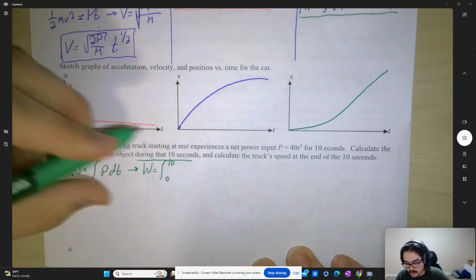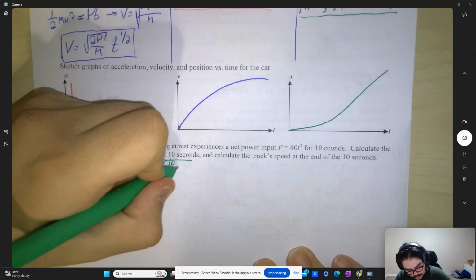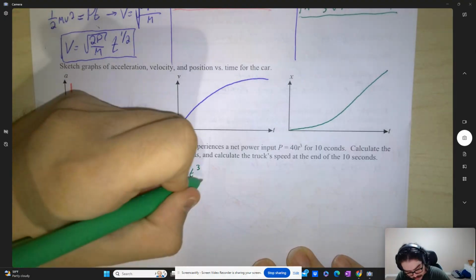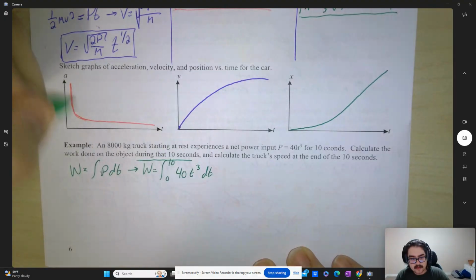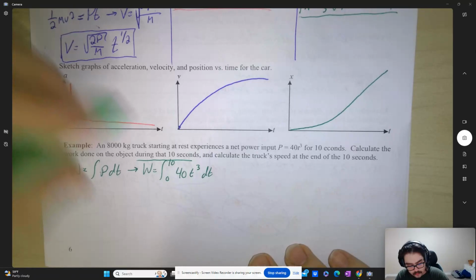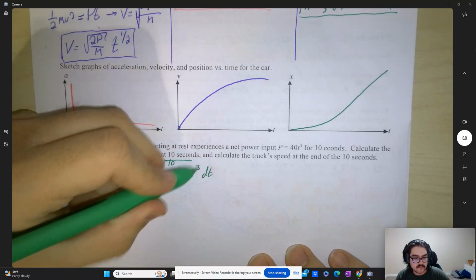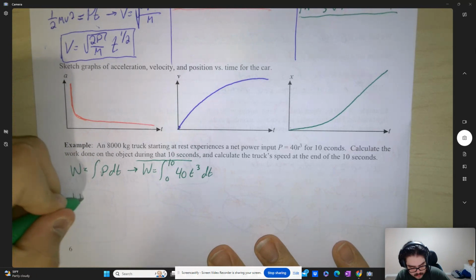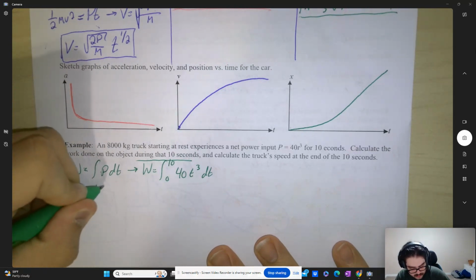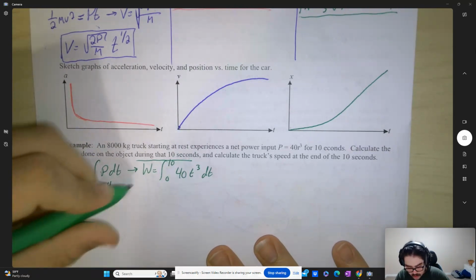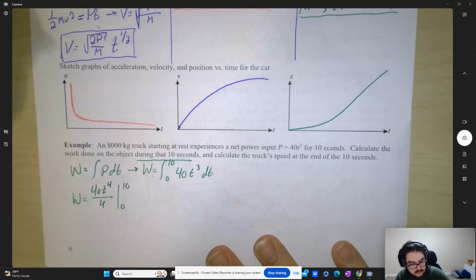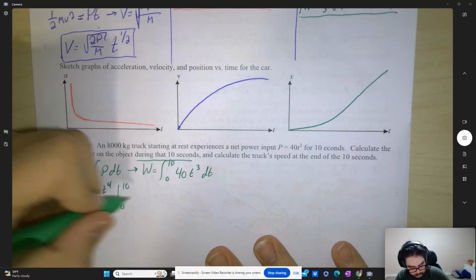Plug in my function, 40 t cubed, with respect to t. Then I'm just going to do the reverse power rule. So this will become 4, I divide the whole thing by 4, and you should end up getting that work is equal to 40 t to the 4th over 4. And the bounds here are 0 to 10, like we got earlier.